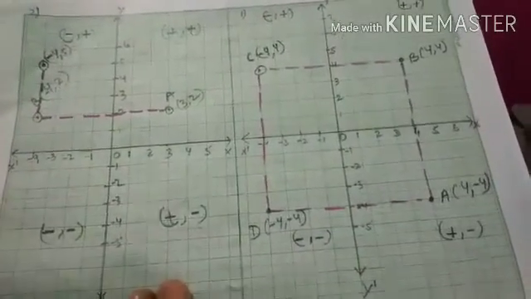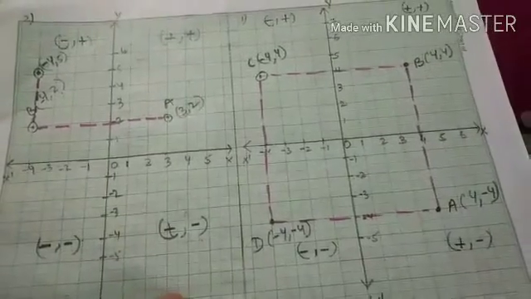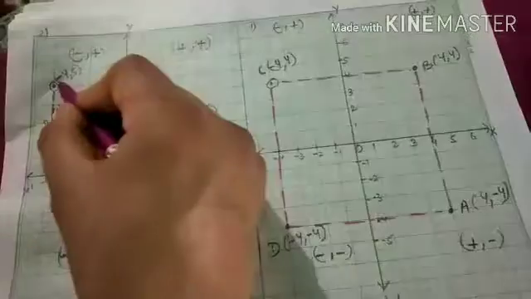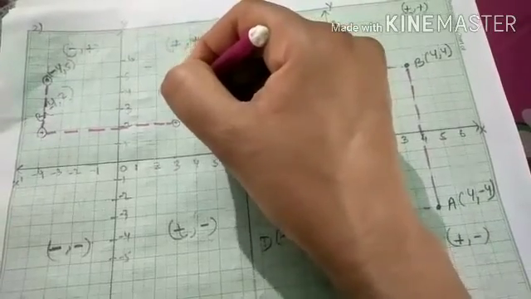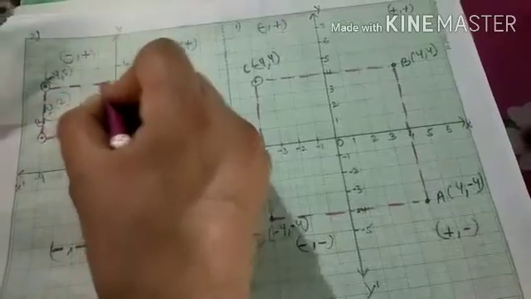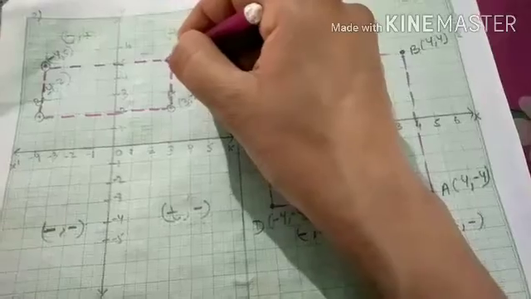Already in the question we have that this is a rectangle, and opposite sides of a rectangle should be equal. So this side will be equal to this side, and this side will be equal to this side. Now we will make a dot here. Yes, here we have the fourth point.